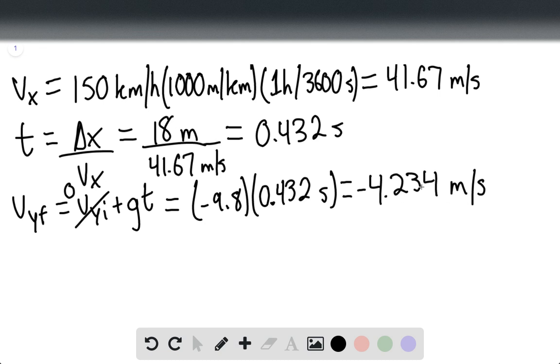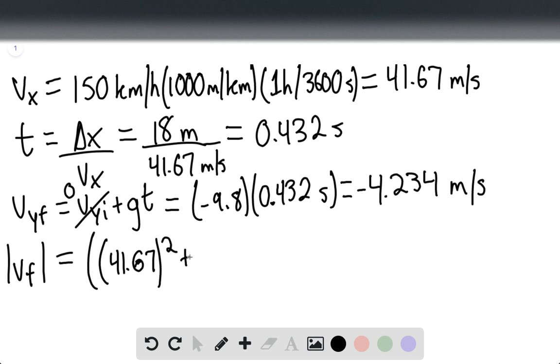And so at this point, in order to find the percent change, we can say that the magnitude of the final velocity will simply be equal to 41.67, the initial x velocity. Again, there isn't any acceleration in the x direction.